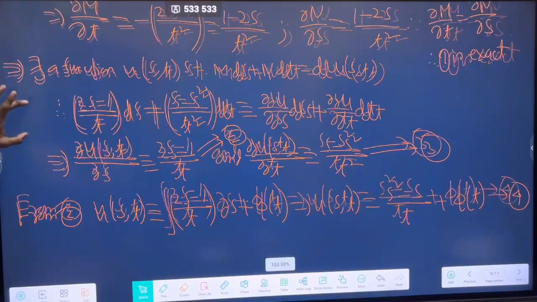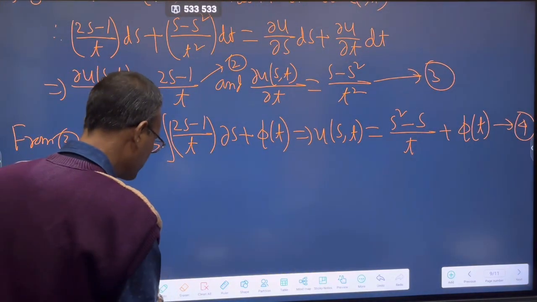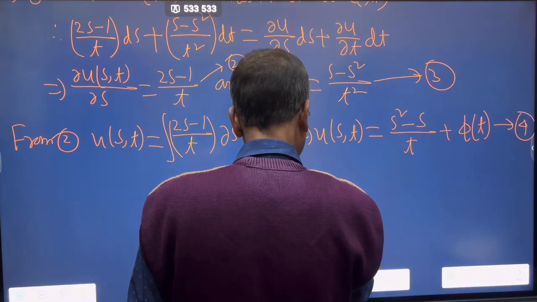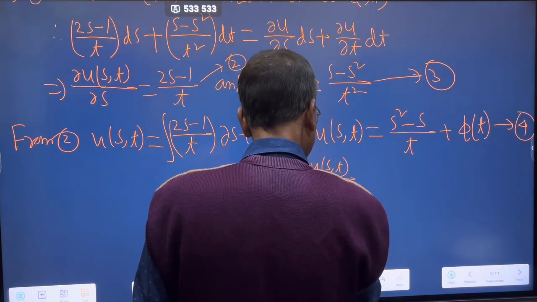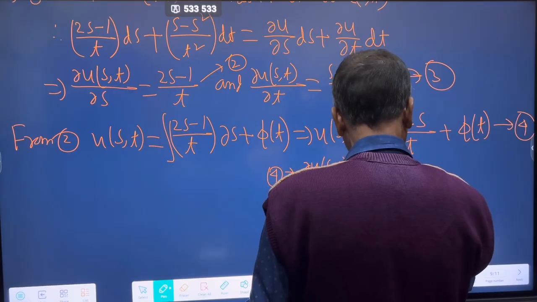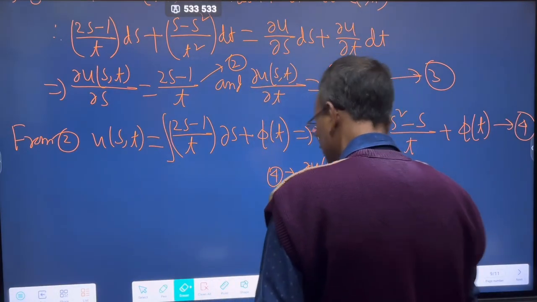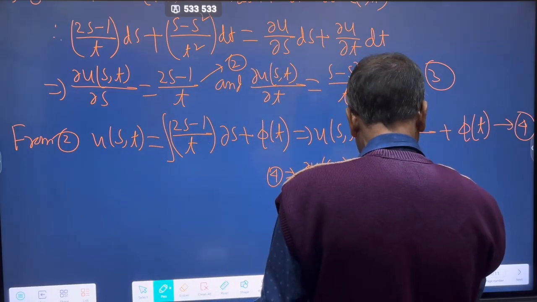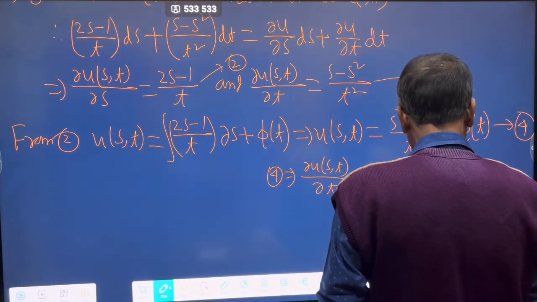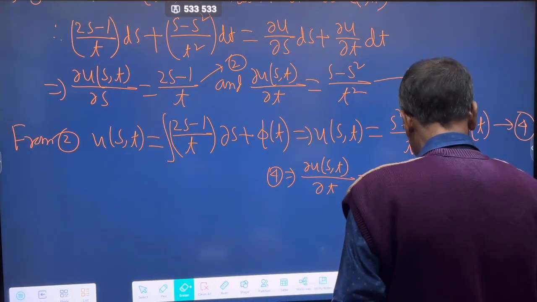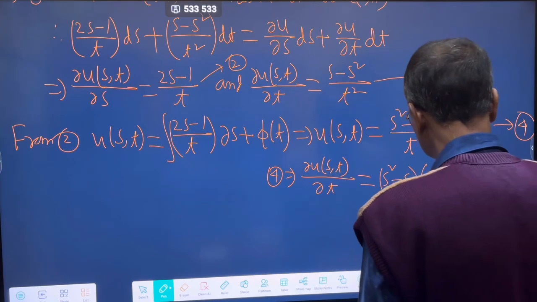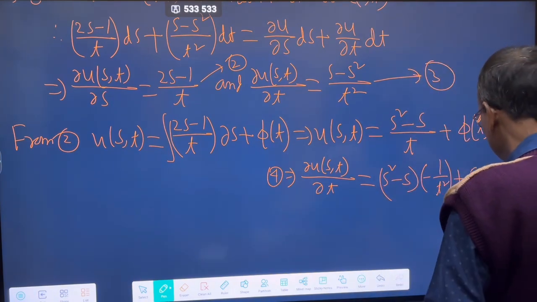Now from 4, del u by del t will be equal to s square minus s with respect to t, minus 1 by t square, plus with respect to t, d phi by dt.